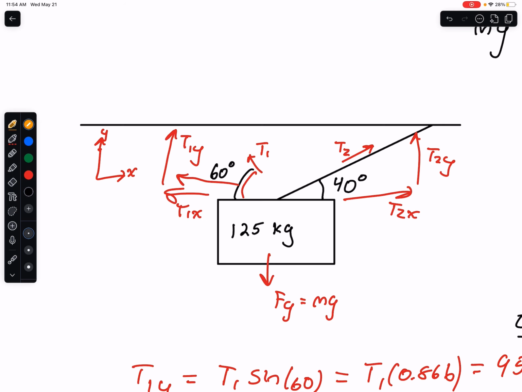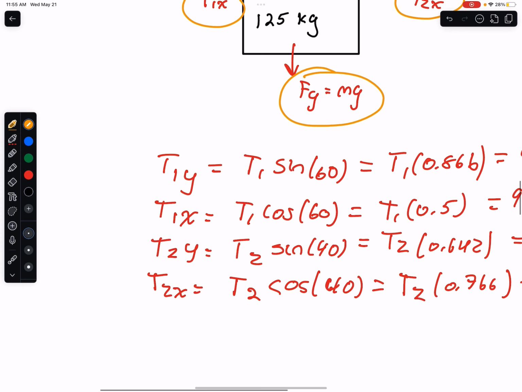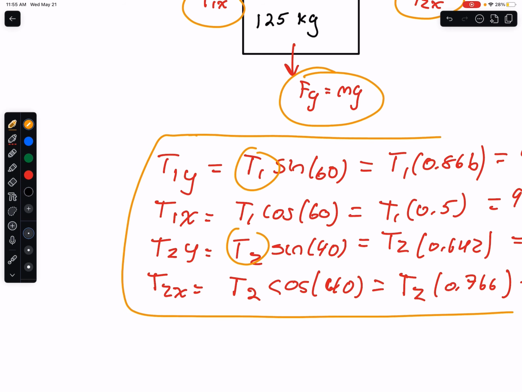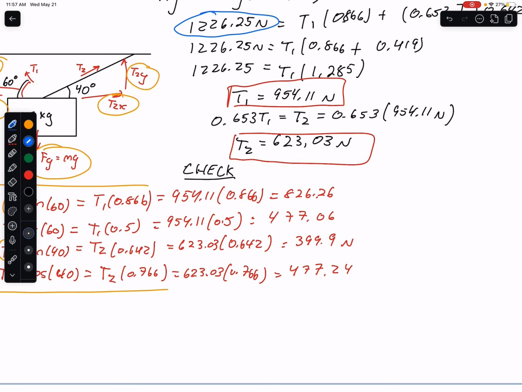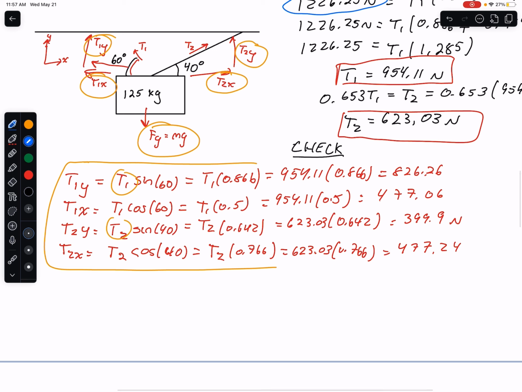To check our work, since this is statics, the T2x needs to be equal and opposite to the T1x, and the summation of the T2y and the T1y should be equal to the force of gravity. We can check that by plugging our T1 and T2 into our initial equations that we came up with before. And as I finish plugging them in, we see that the T1x is equal to the T2x, which is good, so that means our x direction looks good.